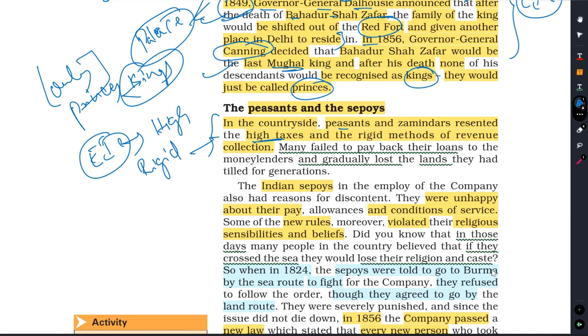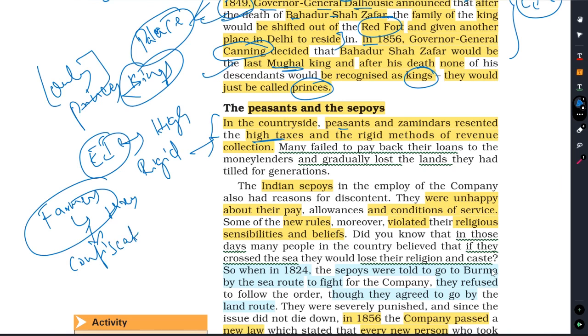If some farmers failed to pay the taxes imposed by the East India Company, the company confiscated their land. Many failed to pay back their loans and gradually lost their lands. Their only source of income was lost.